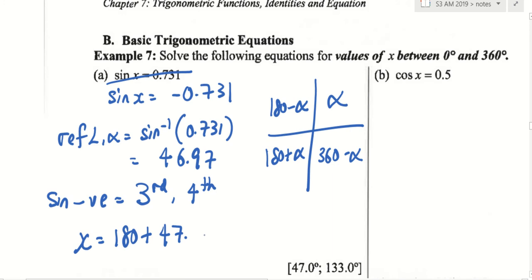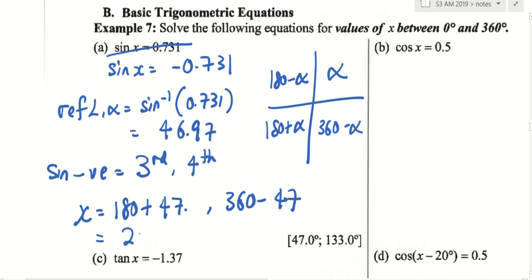Wrong. This one is wrong. So let me finish it. 2, 2, 7, and 3, 1, 3. No! Baseline.